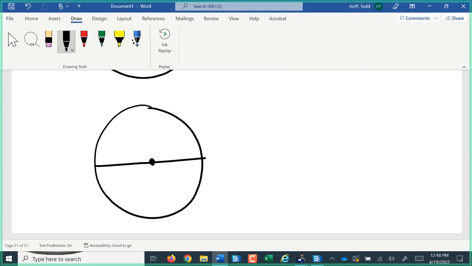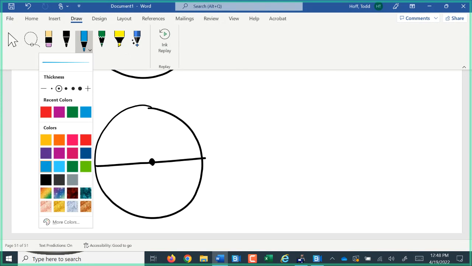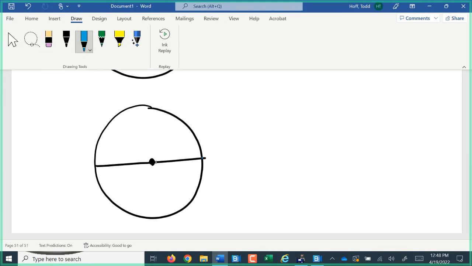If I have a circle, that's my reference diameter. This half of the reference diameter is what's referred to as the initial side. Angles are measured from that initial side. We talked about rays being a direction. Well, this is how the direction is. That's the 0 degree direction, that initial side.